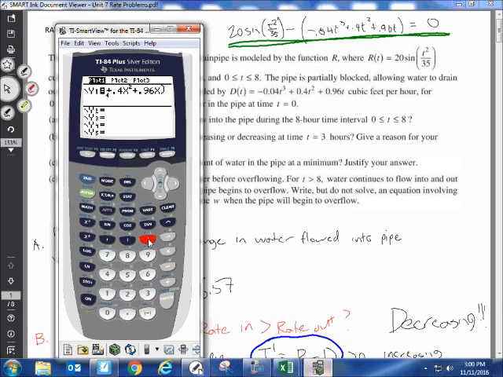Okay? Graph. Turn off stat plot. Standard.